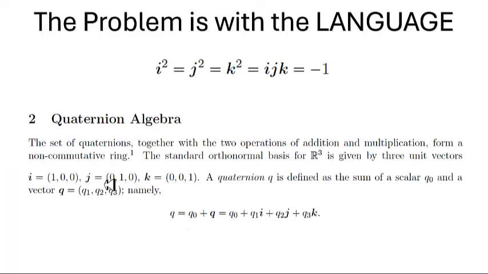This is in fact the correct way of writing those 3 vectors. Then he goes on to say a quaternion q is defined as the sum of a scalar q0 and a vector q equals these 3 coordinates here. And then he writes this expression where he's using i, j, and k.